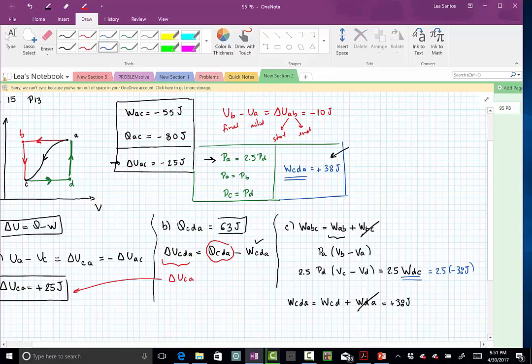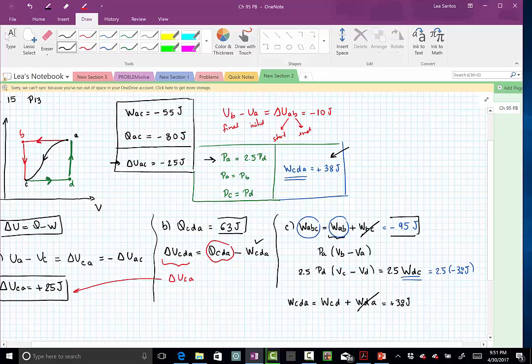So I multiply that and I will get what is this work AB. And this work AB is the same as the work ABC. If you multiply that, you will see that we get minus 95 joules. All right, so we are done also with question C.